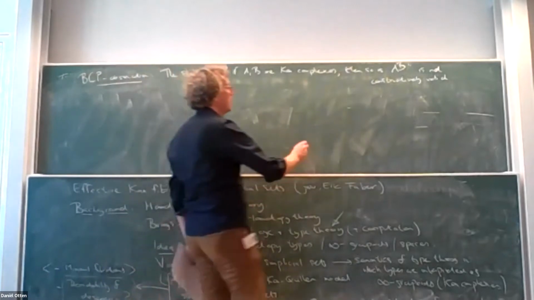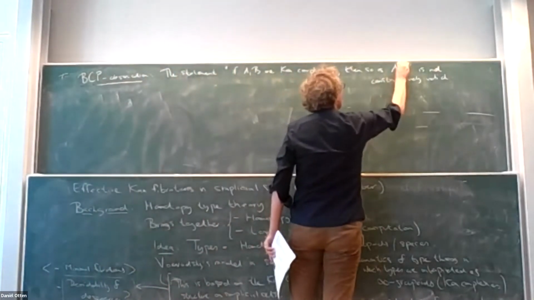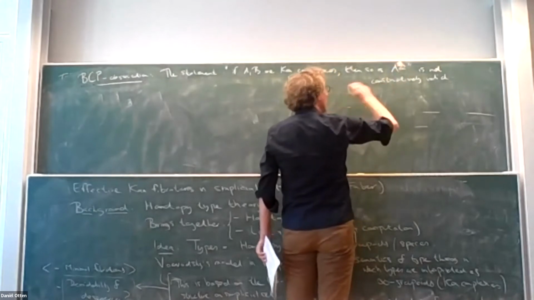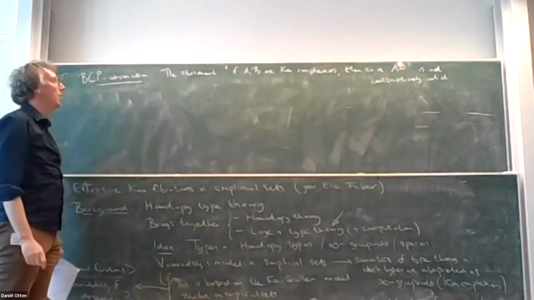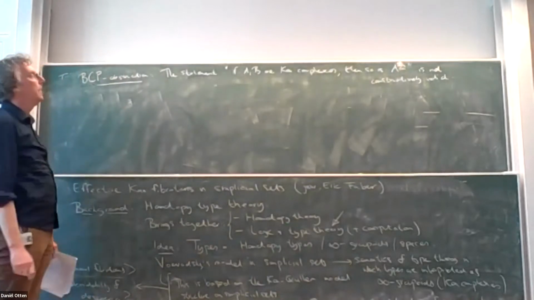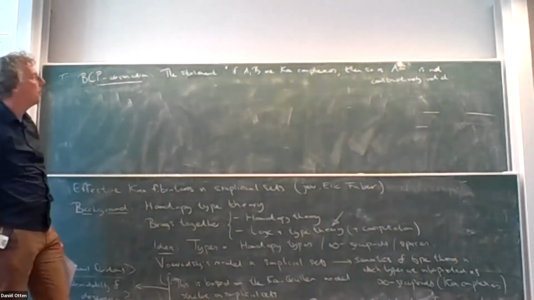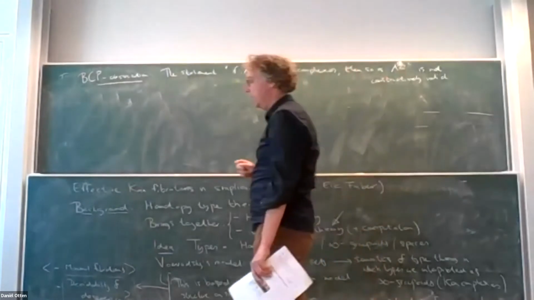One thing that holds in the classical theory is that you can build an exponential A to the power B, and this will be Kan as soon as A is Kan. That is a classical result. However, that is not constructively valid, not even if we assume that B is Kan as well.